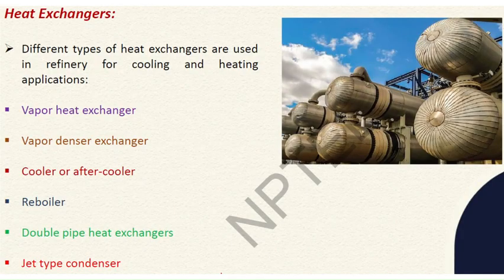Okay. Now coming on to another utility, which is heat exchangers. You might have heard that in a refinery, heat exchangers are one of the most crucial utilities, as at every point you might be seeing that heat exchanging and cooling is required. Okay. So the first one is the vapor heat exchanger, where heat exchanging takes place between two vapor phases, meaning a colder stream and a hot vapor.